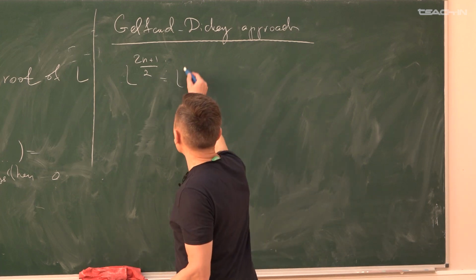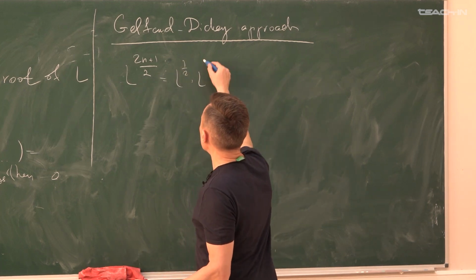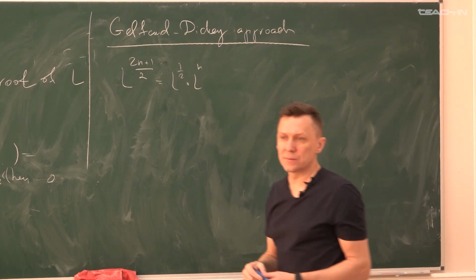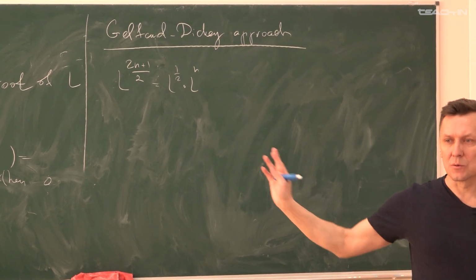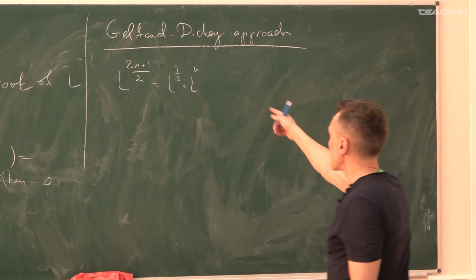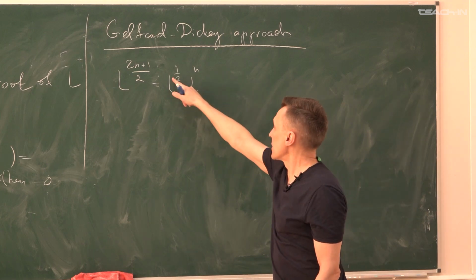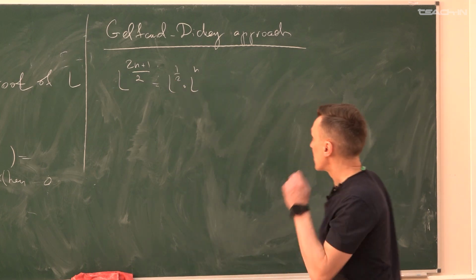It is just L^(1/2) multiplied by L^n. They should commute, so it is not a question from which side you multiply the square root by the power L^n.